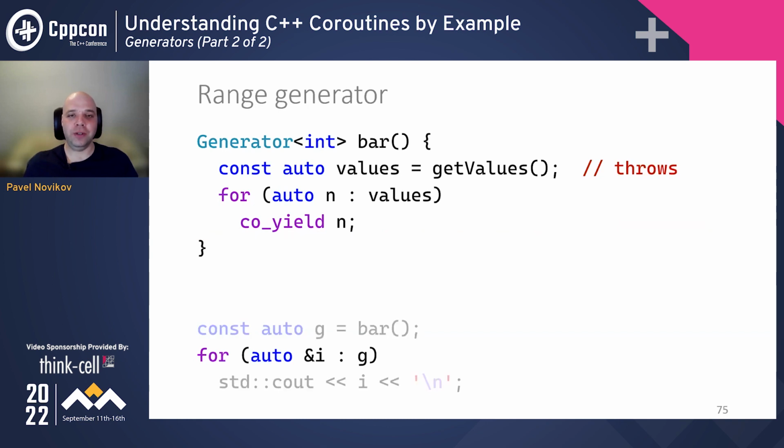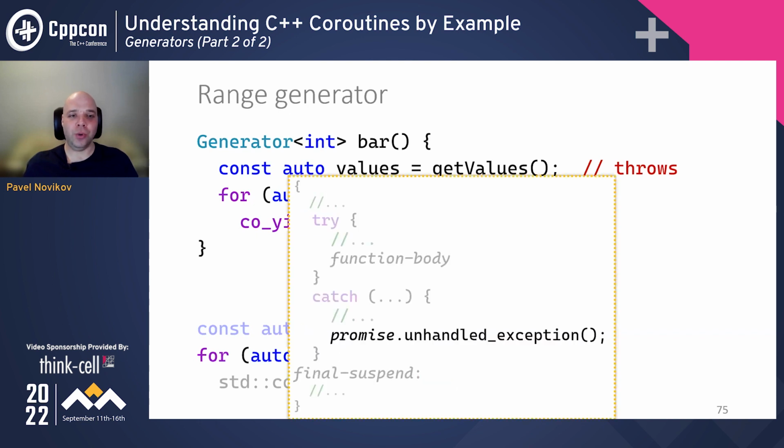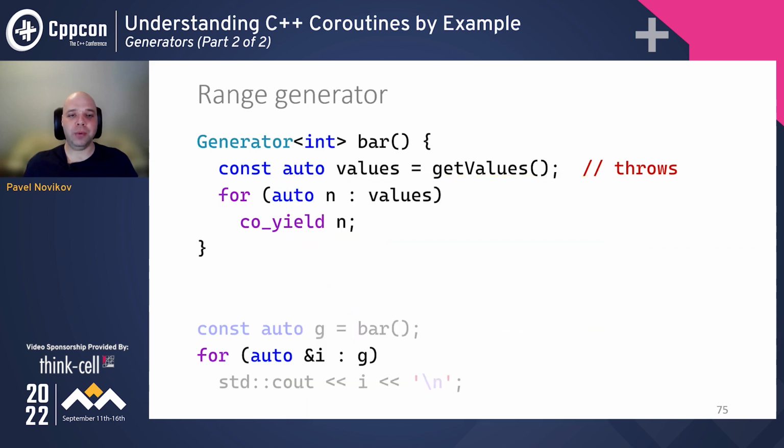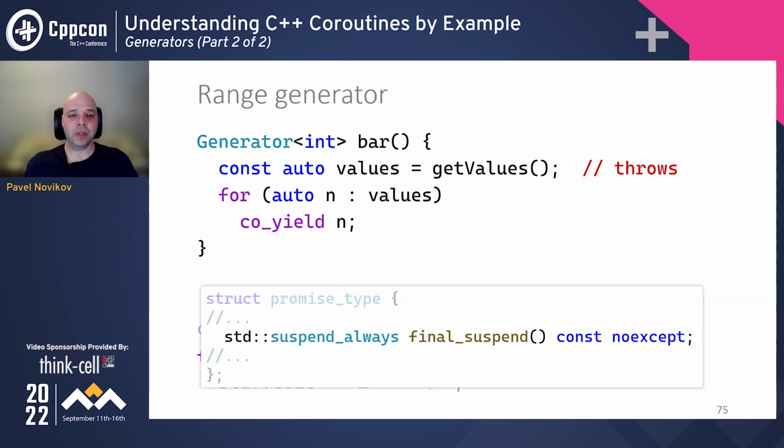Let's now consider if something throws an exception inside the coroutine. So as before, when we ask the generator for a value, using in this case range for loop, eventually we get an exception thrown inside the function body. Unhandled exception is called on the promise type. After that, we go immediately to final suspend. Final suspend tells us that we need to suspend the coroutine at the final suspend point.